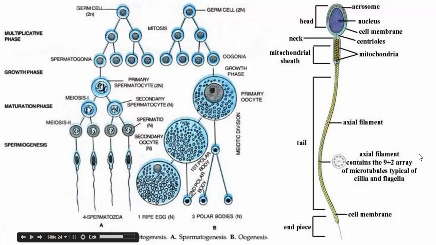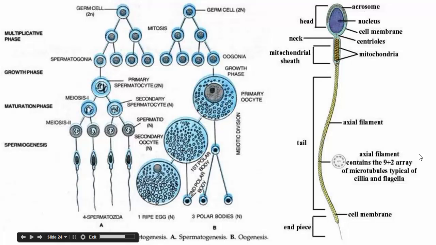So in gametogenesis, we start off up here with our original germ cells, the cells that eventually are going to give rise to sperm and egg cells. The process starts with these original germ cells going through mitosis to produce more cells.